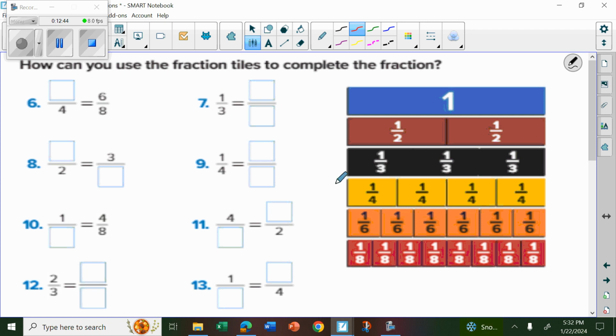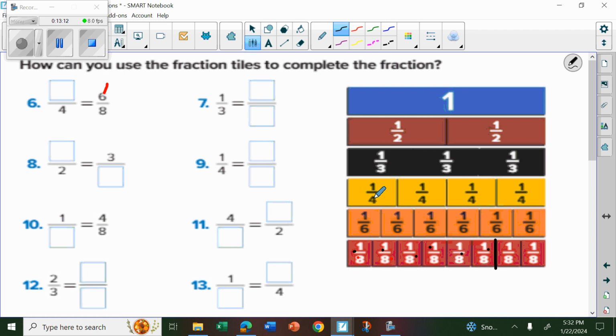Now, I like these fraction tiles. I like them a lot. When we get back, you each will have one that you can play with. All right, so let's look at this. This is the one we know, 6/8. 1, 2, 3, 4, 5, 6. We want that line.